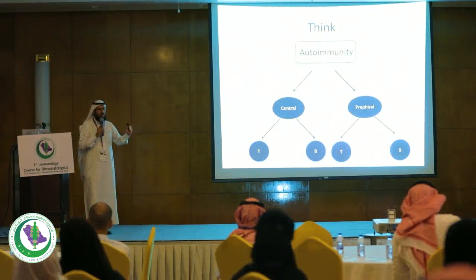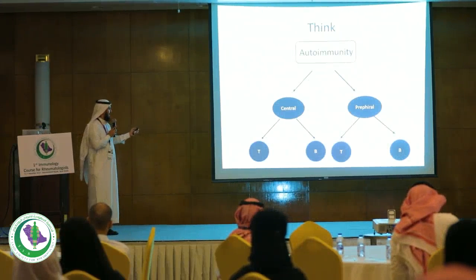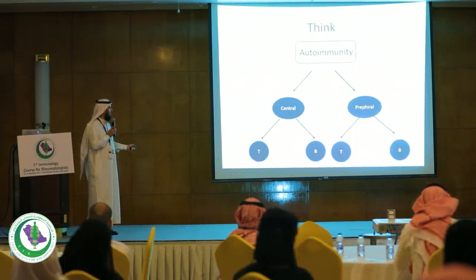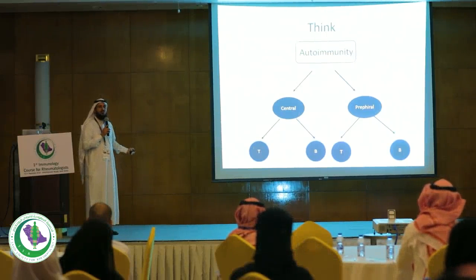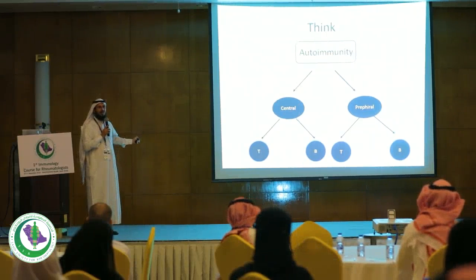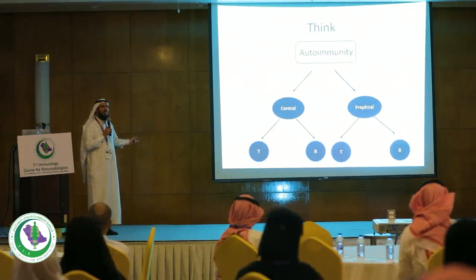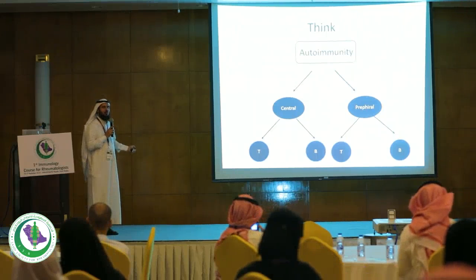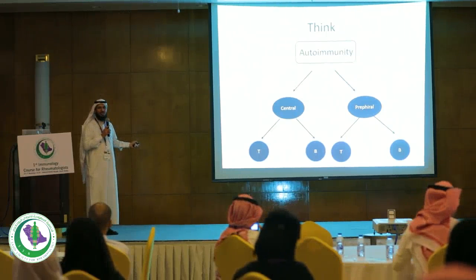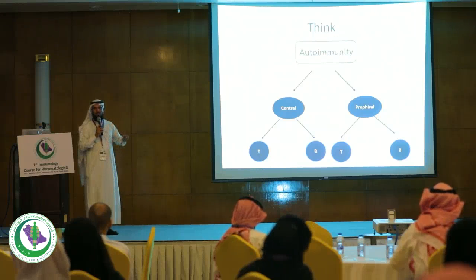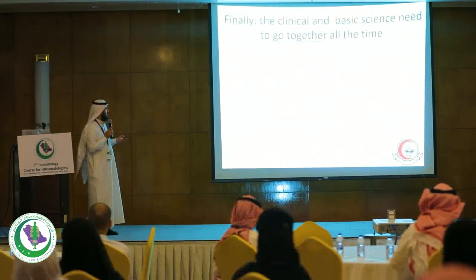As we have autoimmunity, we need to think: am I dealing with central, like thymus or bone marrow? If I'm dealing with T cells, use medication for T lymphocytes, and we're coming to the biologics. If I'm dealing mostly with B cells and losing tolerance for B cells, we come to rituximab and other medications for B cells. If peripheral, think about B or T, then use the medication for those.